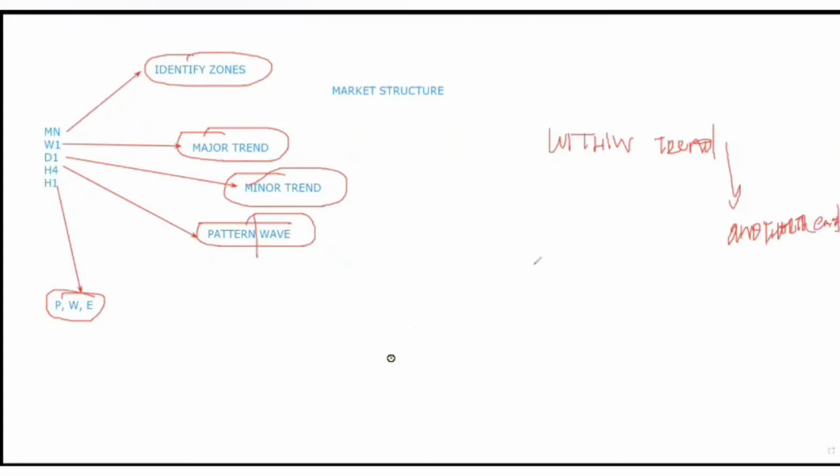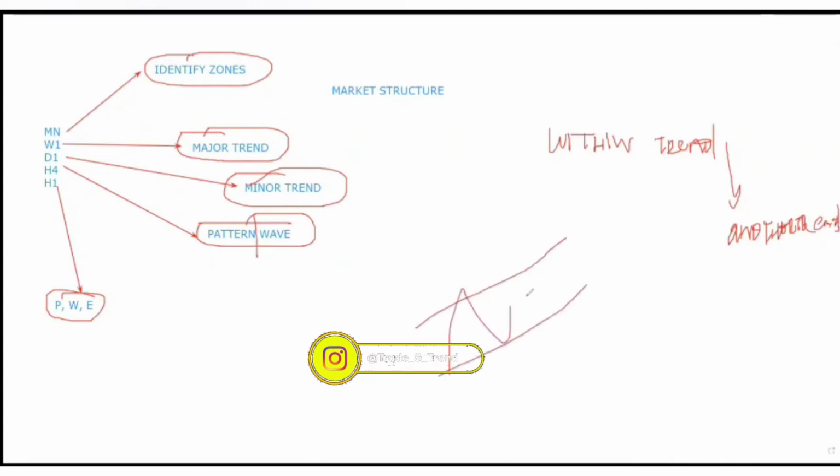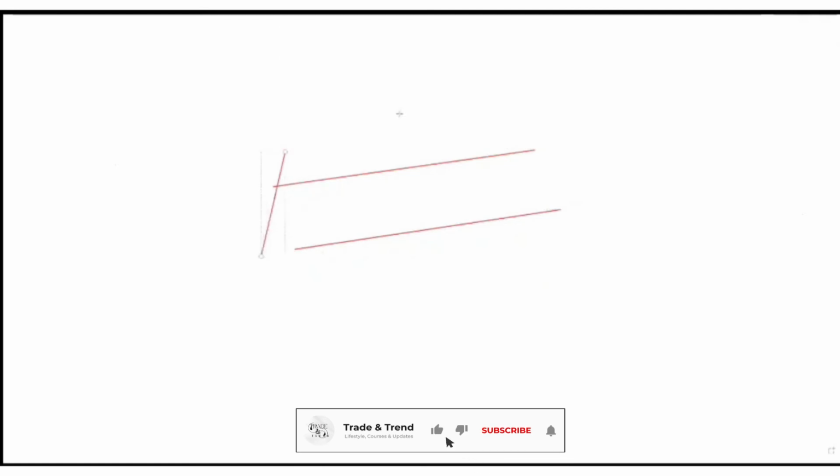So let's say we have something like this. So this movement inside this guy here, there's another trend within this movement. Understand? Let me clear everything. So what I can advise you to do is, let's say you have an uptrend like this, and then the market, let's say the market enters from here. You wait for your 3 touches.